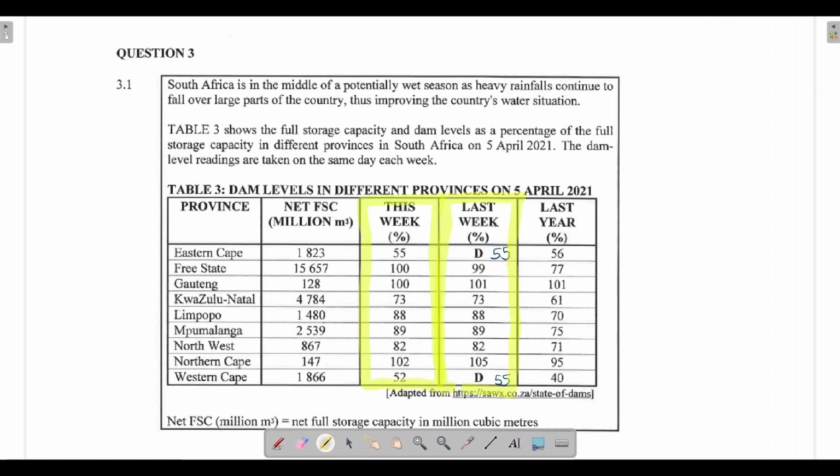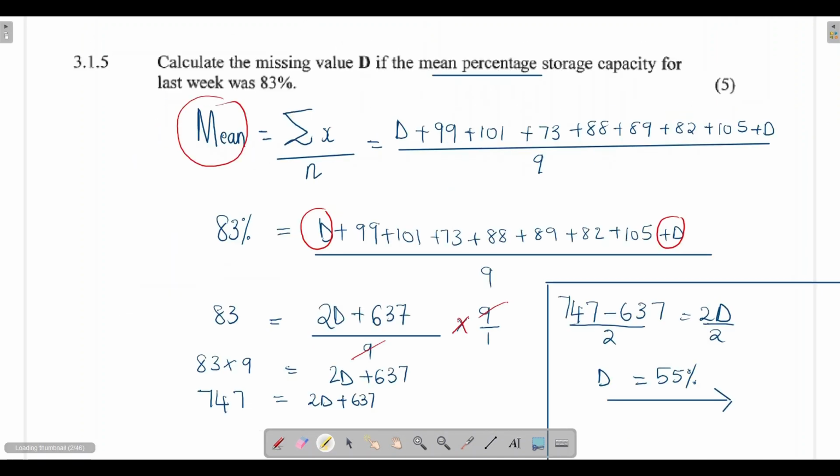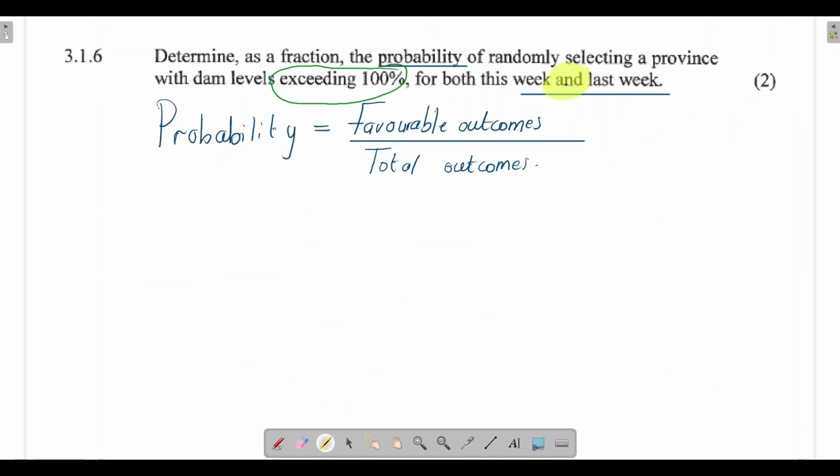So in this case, guys, what are our favorable outcomes? We want the probability of selecting a province with dam levels that exceed 100%, and when those dam levels exceed 100%, they need to exceed 100% for both this week and last week. So this week's value and last week's value, both of those values need to exceed 100%.